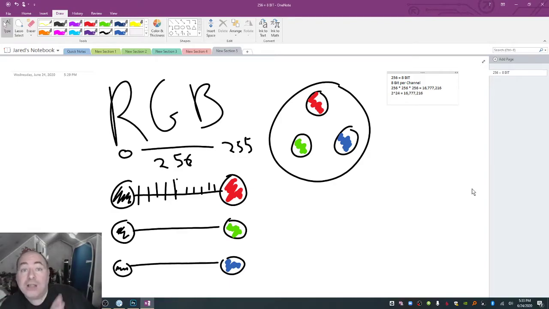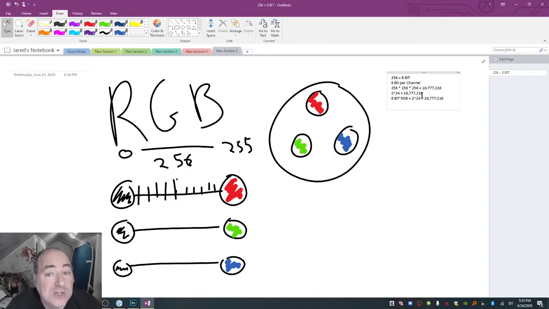Now 8 bits overall means 256 colors, but 8-bit RGB is equal to 16 million colors. There you go. That's 8-bit RGB. So that's how this works: 256 shades of red, green, and blue mixed together.